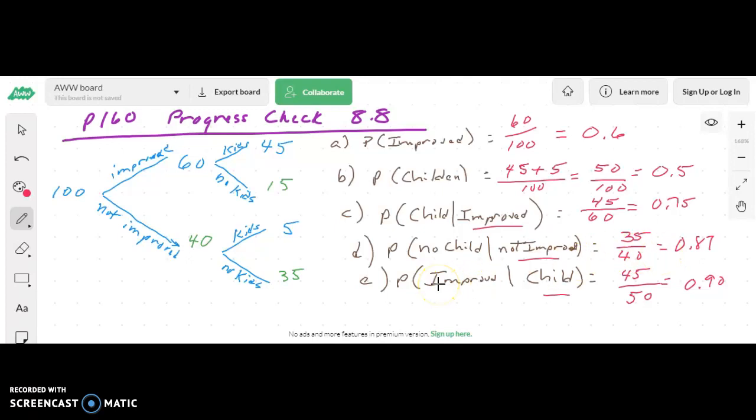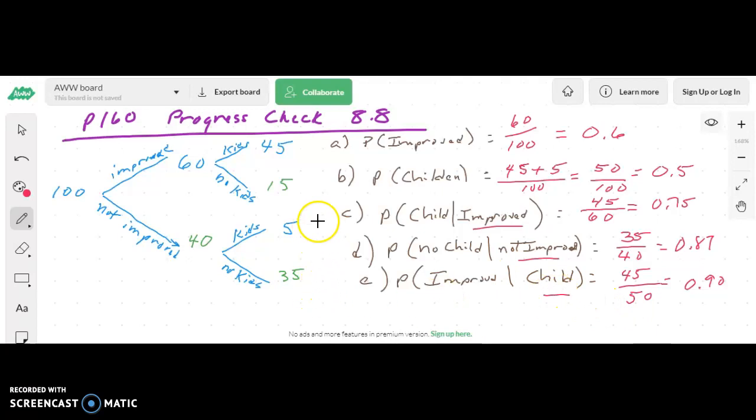And the last question, what is the conditional probability of an improved relationship, given that a couple has children? So now we're actually going to work through this a little bit in reverse. We're saying now, what's the probability that it's an improved relationship if we already know that they have children?